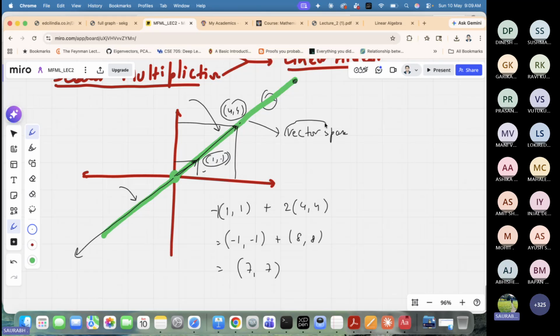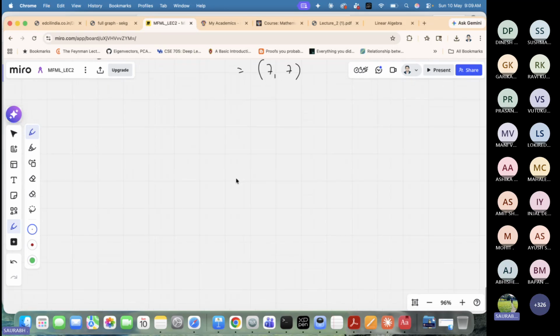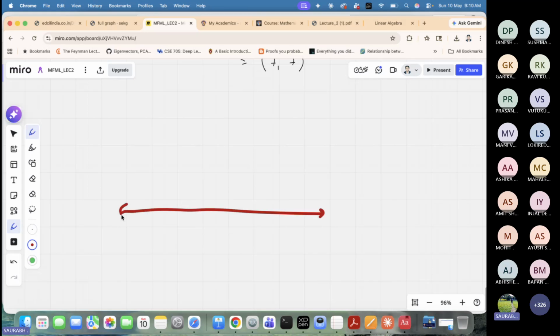Now, this is a question for all of you, which was asked in one of the exams, and it was asked by the same professor who is heading the group.